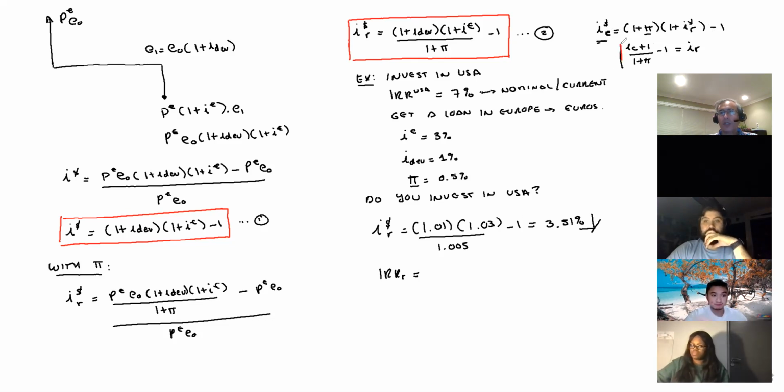Okay, so I simply apply my formula. This is going to be 1 plus 0.07, divided by 1.05. So this equals what? 6.47%. So this is real.